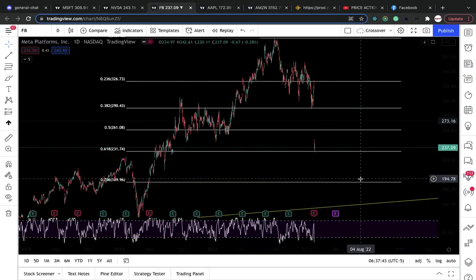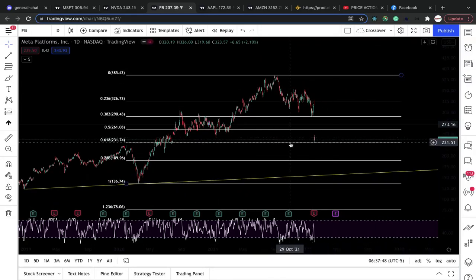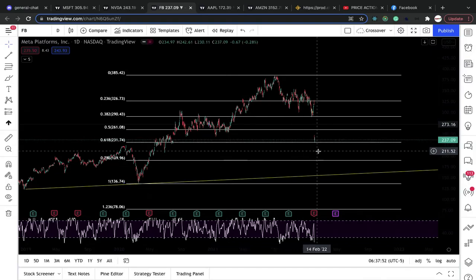But the next critical level I want you guys to pay attention to is this level right here, the 61.8 retracement. As a matter of fact, Friday's low was around 230. So it got a little lower. It broke below that fib level but managed to close back above it. Very interesting.